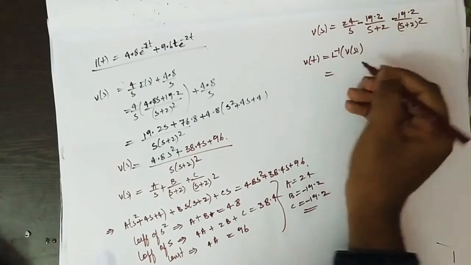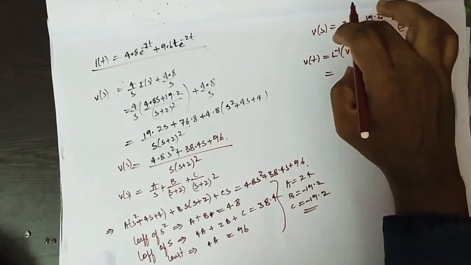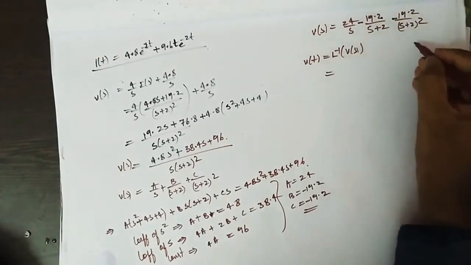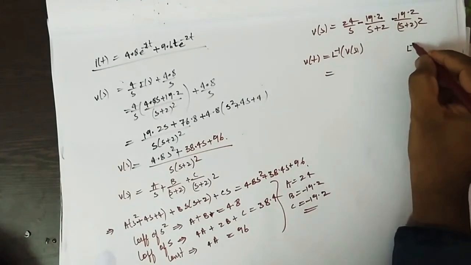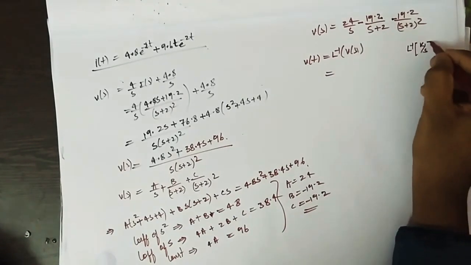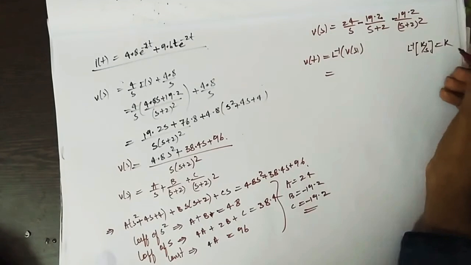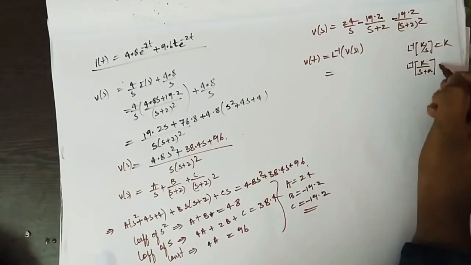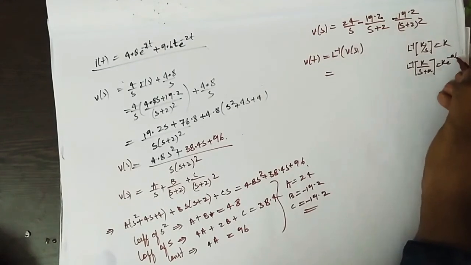Before writing the Laplace inverse of any function of V of s, you need to write the right side in the form of the Laplace of constant K by s equal to K. So the Laplace inverse of K by s plus a is K into e power minus at.